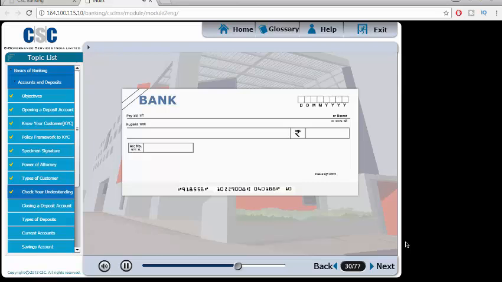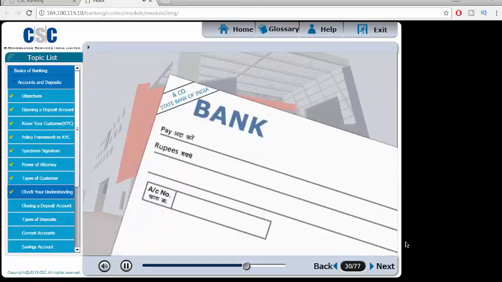A special crossing consists of an addition of the name of a banker across the face of a check, with or without two parallel transverse lines. The special crossing ensures that the drawee bank shall not pay the check otherwise than to the banker to whom it is crossed.